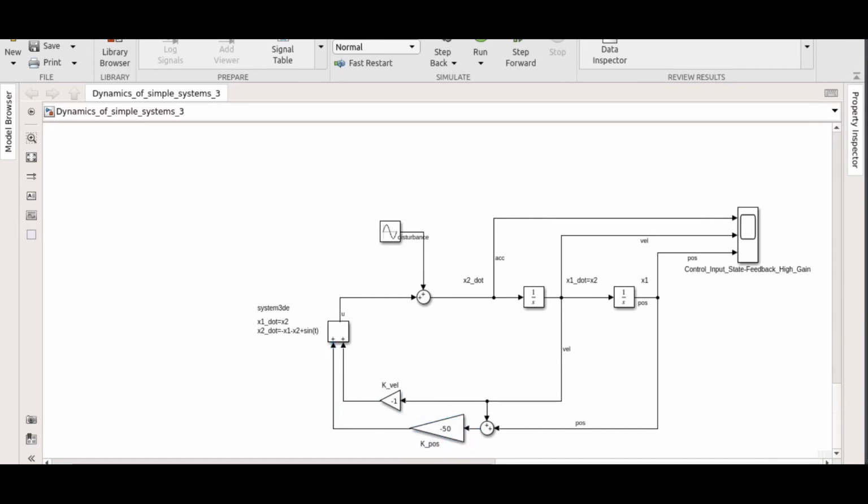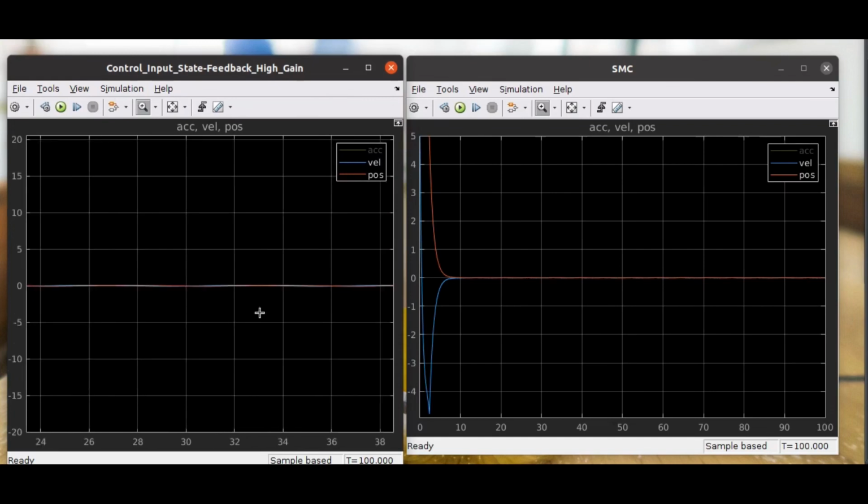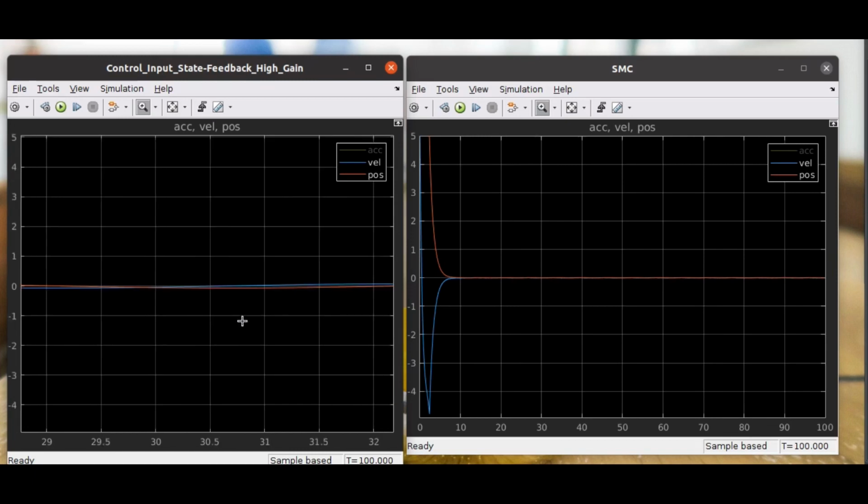As we increased the gain of K position to 50, still when we compare the plots of sliding mode control and state feedback control, we can see that the sliding mode control with a rho of -10 is better. So we can say that the sliding mode control has achieved the objective better than the state feedback control. It is able to reject the disturbance much better.